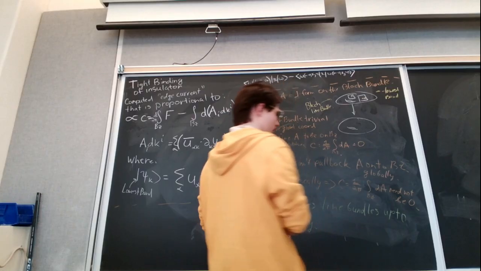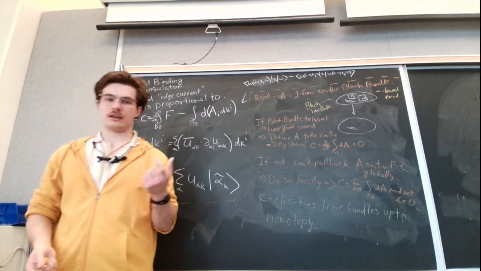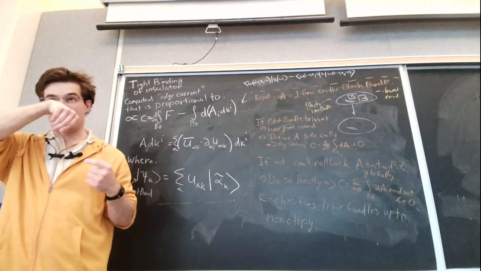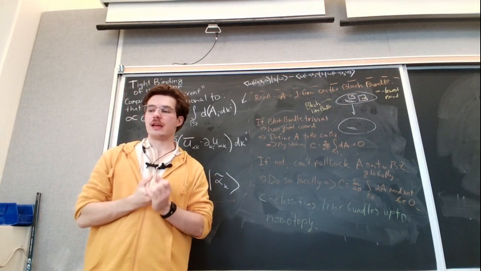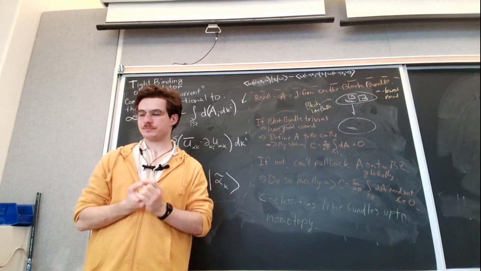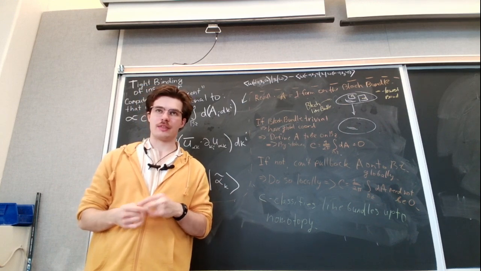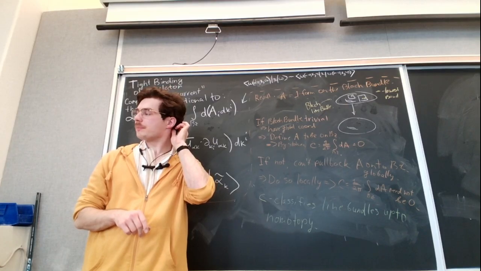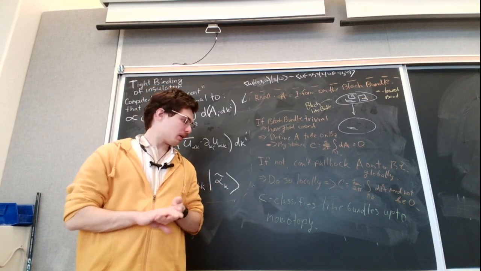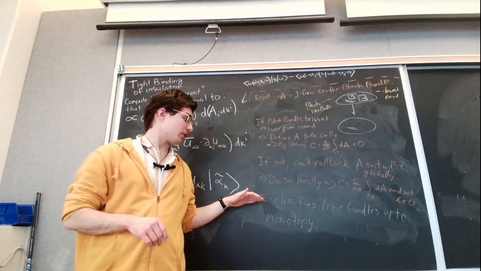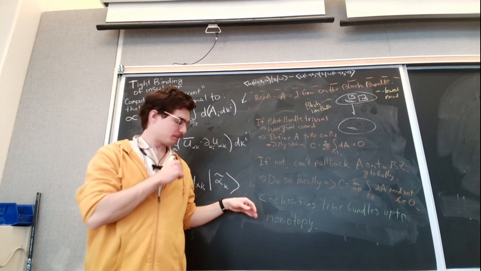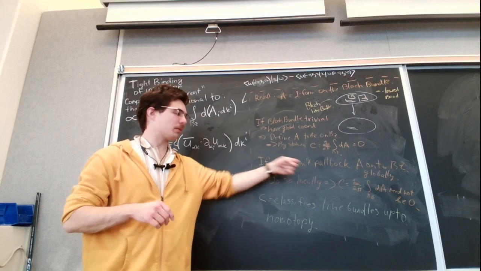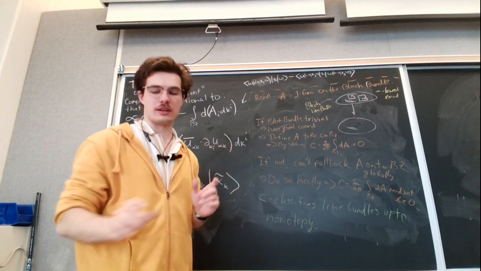Okay, so the point is, if I compute this number, and I see that it's 0, and then I see it's non-zero, then I know that this line bundle is non-trivial, and I can classify all of my line bundles up to homotopy just by computing this one number. I know what equivalence class it lies in.